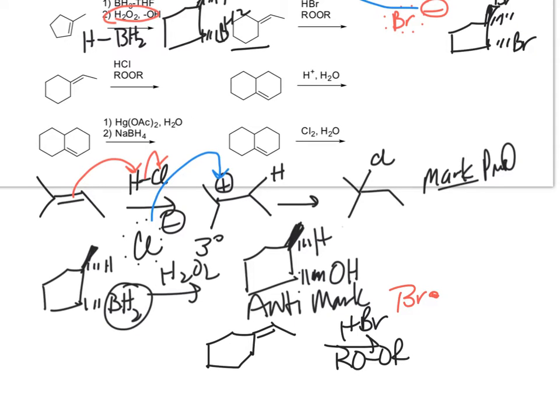So you can just take this bromine radical and do a half arrow addition to this alkene, and then one of those electrons will go to this carbon, and the other electron will form the carbon-bromine bond. And what you get is this free radical, and this is a tertiary free radical.